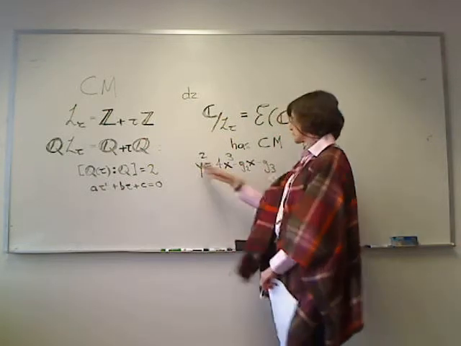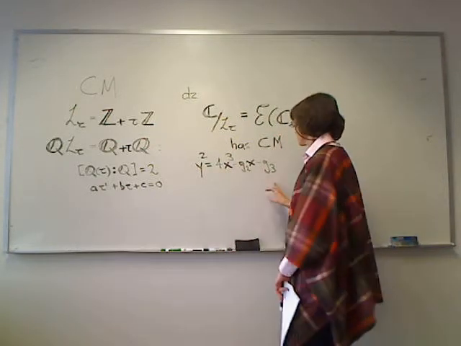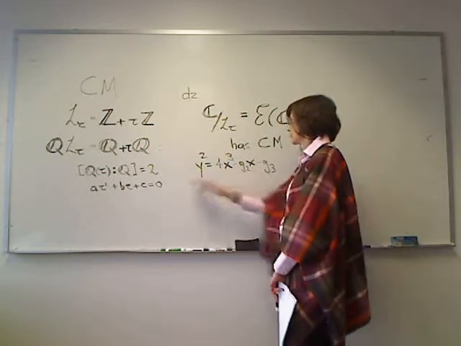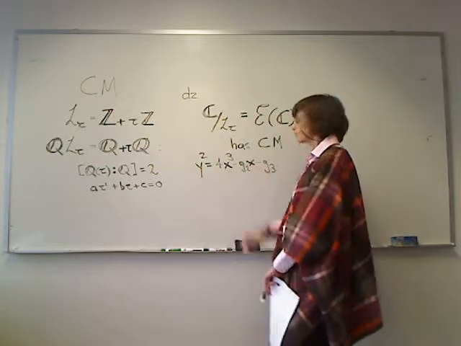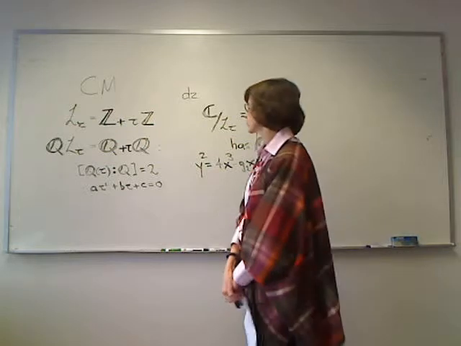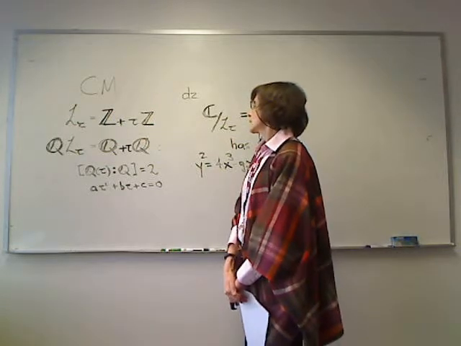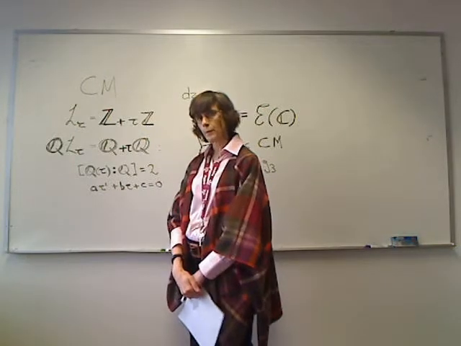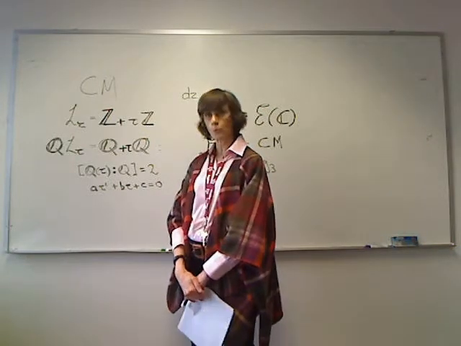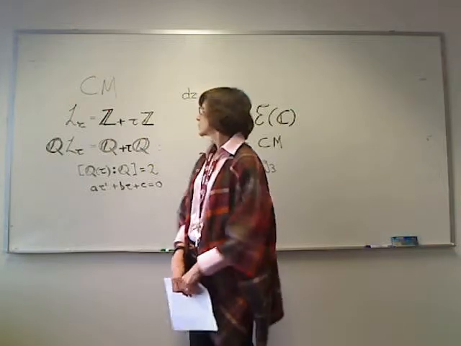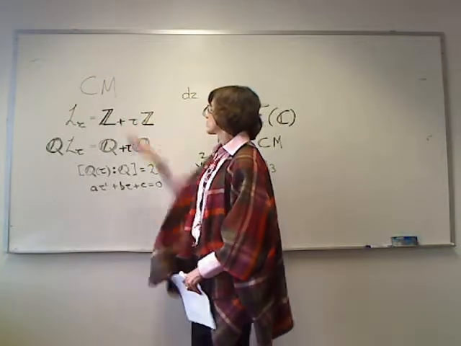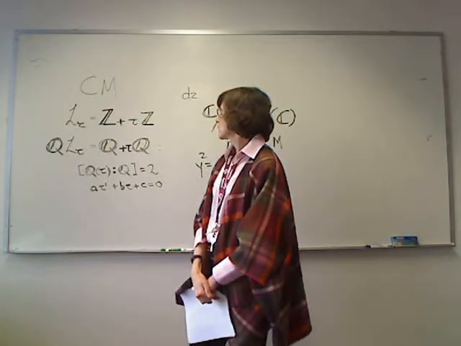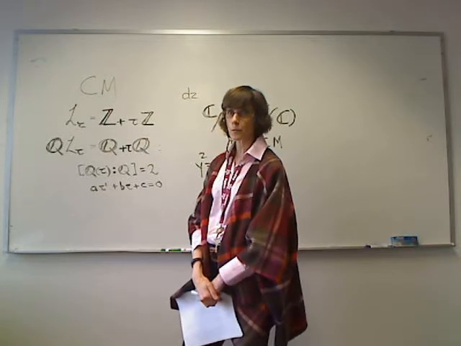Namely, if I start with an elliptic curve defined over a number field, so defined by a cubic curve with coefficients algebraic numbers, and if I know that tau is also an algebraic number, then the elliptic curve is forced to have complex multiplication. So at the outset, I make no other assumption on tau other than it being algebraic.